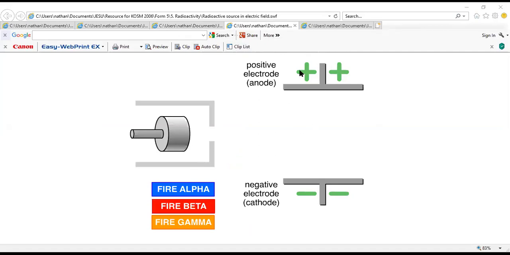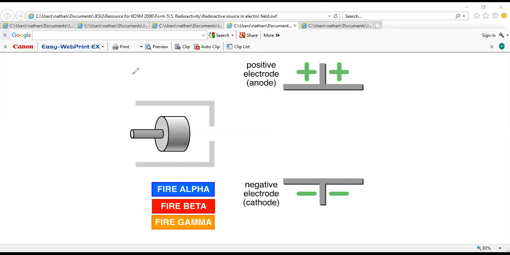What happens when we fire alpha? You see that alpha will be deflected towards the negative plate. Why is alpha deflected towards the negative plate? Because alpha is positively charged.